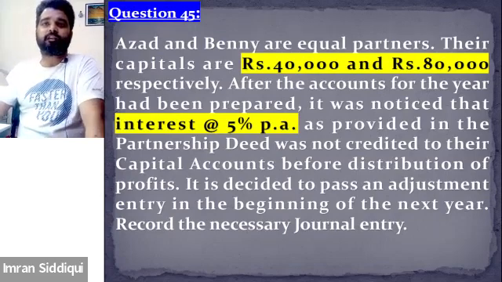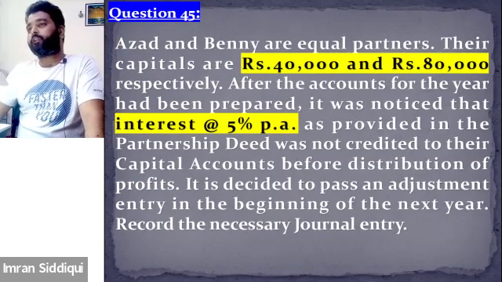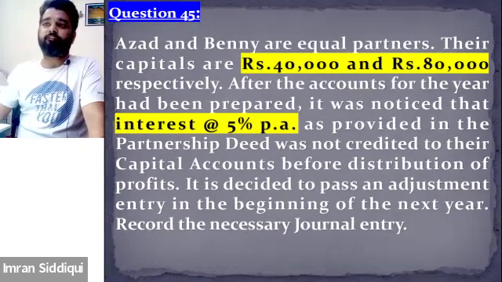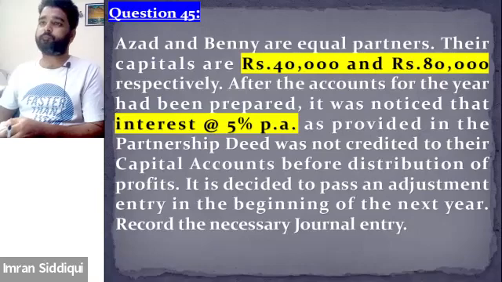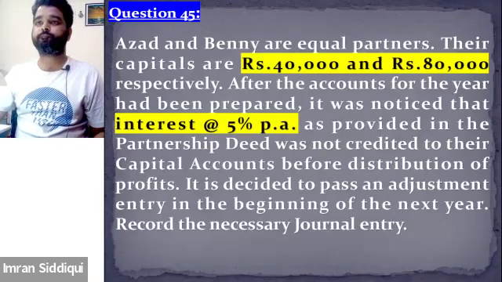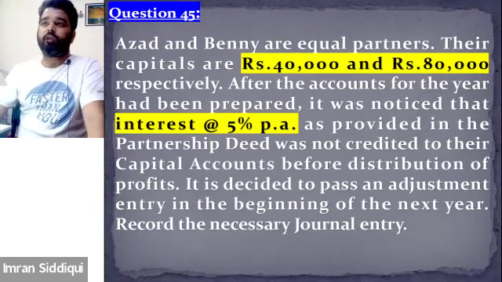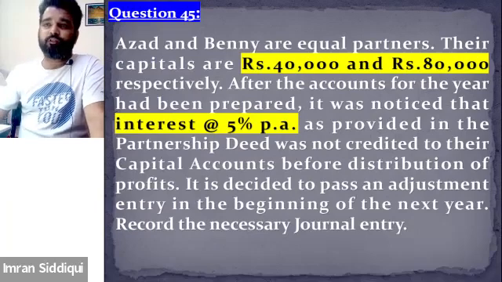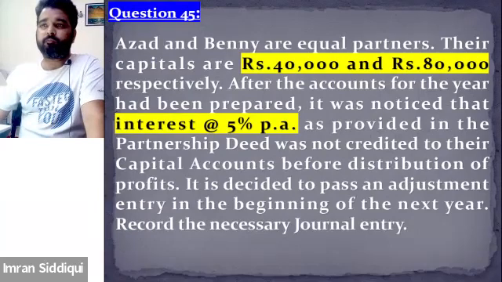Let's read the question first of all. The question is saying that Azad and Benny are equal partners. Their capitals are 40,000 and 50,000 respectively. After the accounts for the year had been prepared, it was noticed that interest at the rate of 5% per annum, as provided in the partnership deed, was not credited.